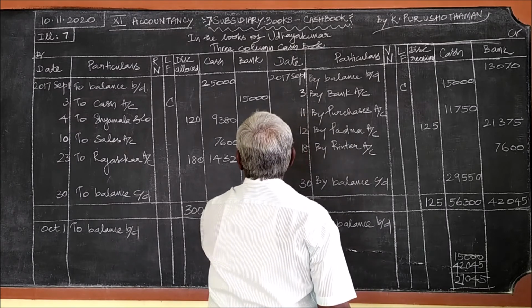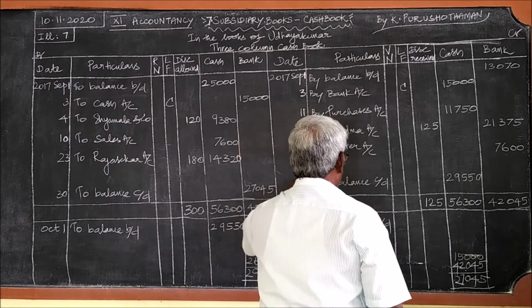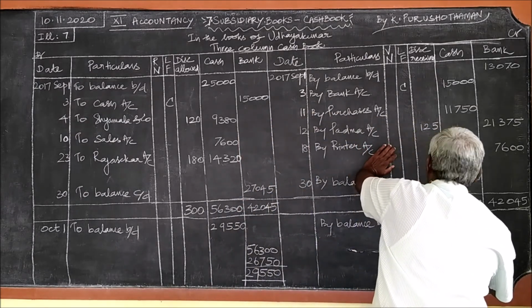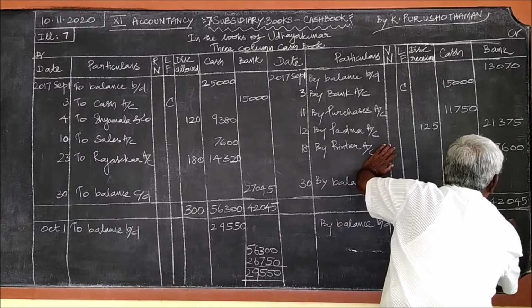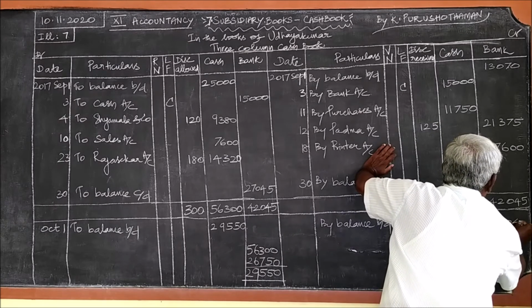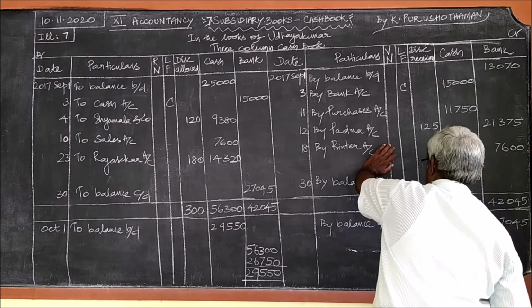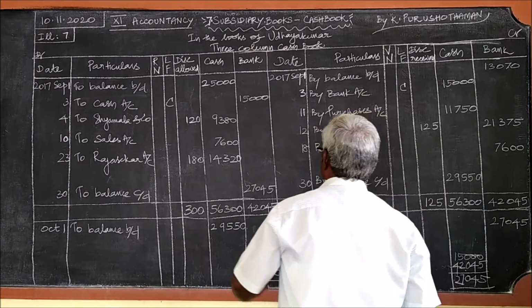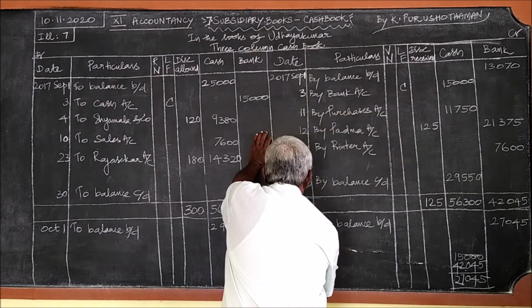The amount is 27,045. The date for this is October 1st.